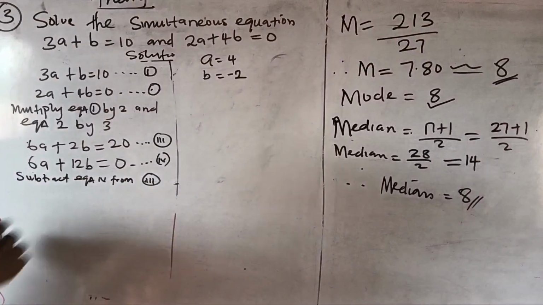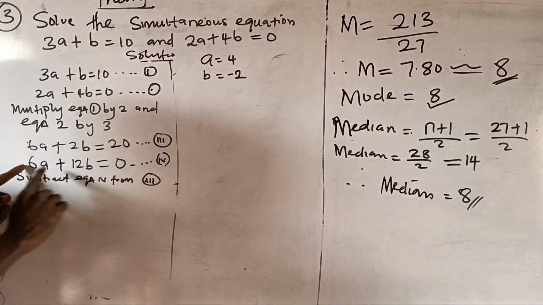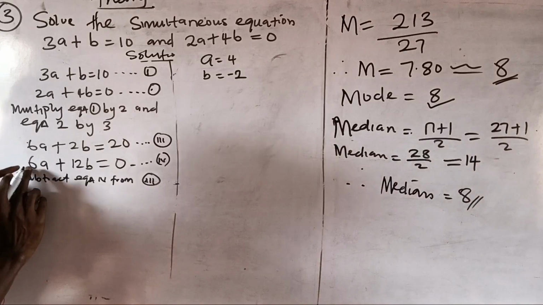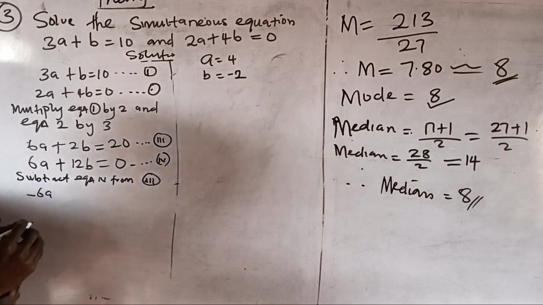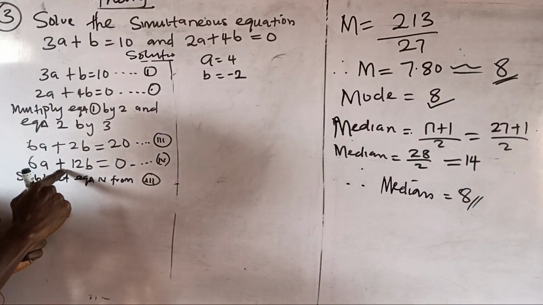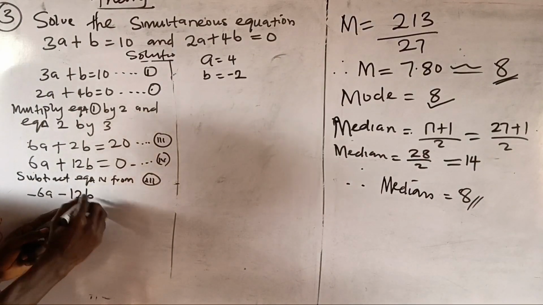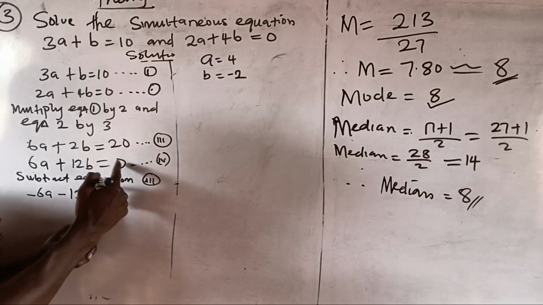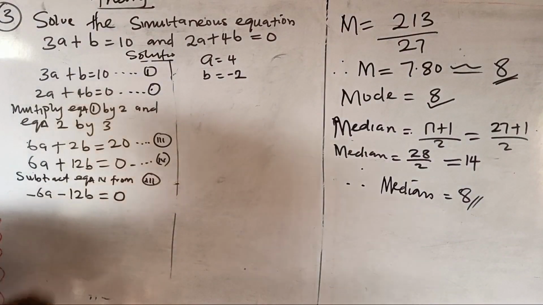So what do? We are going to multiply minus at this side or minus 1. It will still give us everything will turn to minus. So minus times 6a will give us minus 6a. Minus times plus will give us minus 12b equals to, we have what? This is 0 already. Minus or minus, everything will be 0.